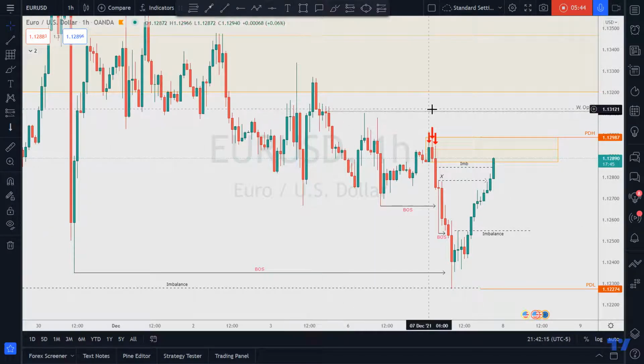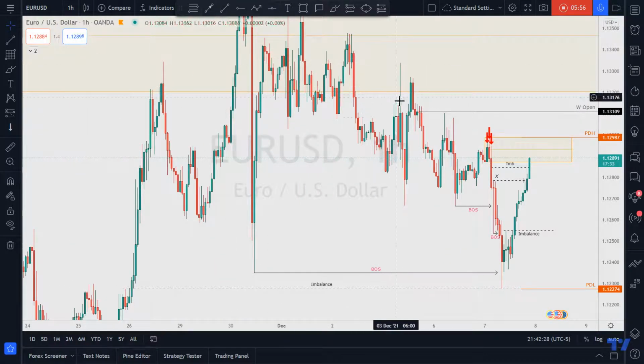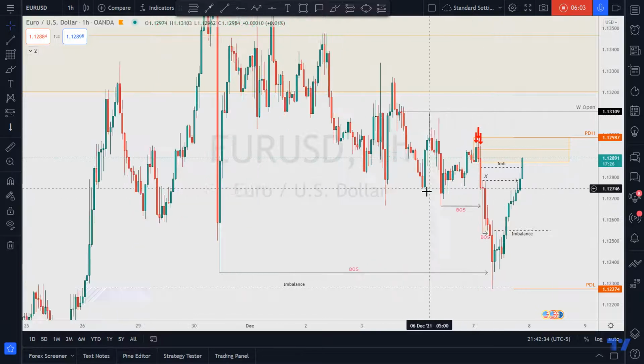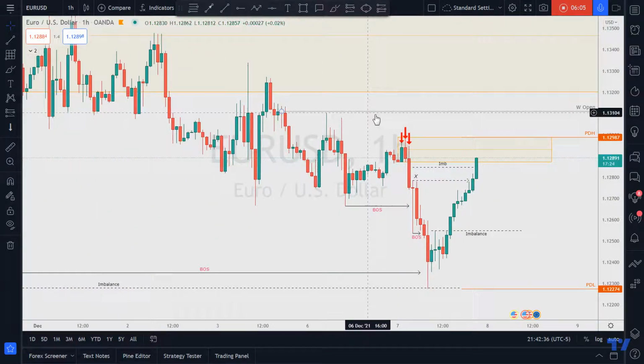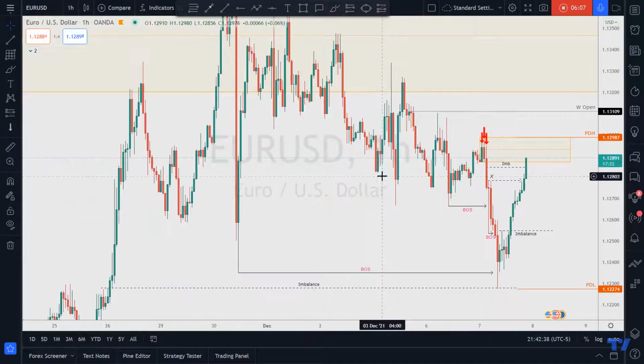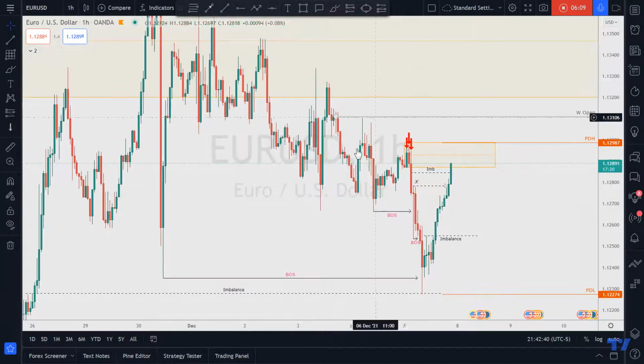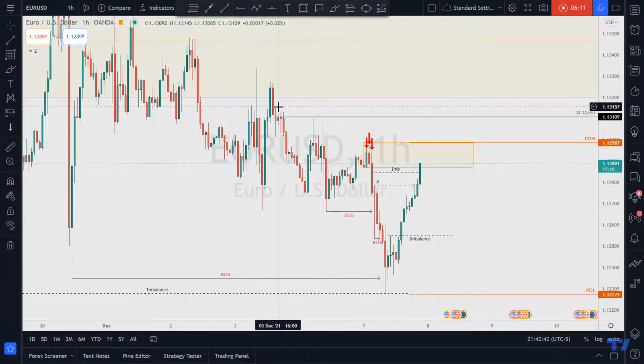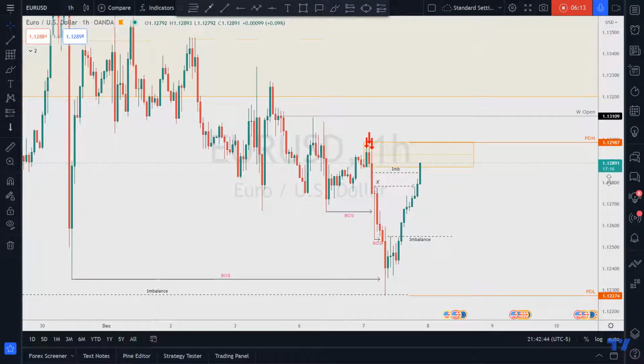Also, I want you to make note that we have the weekly open. This is the level that it opened on Sunday. That's kind of important because once it gets below that, between Tuesday evening and Wednesday evening, it usually stays below that, or above it, and that's something I keep in mind.